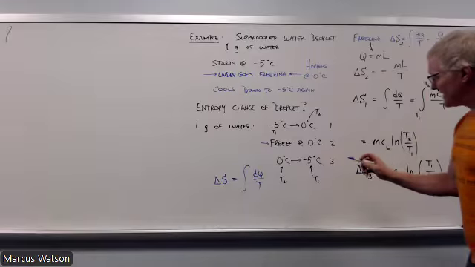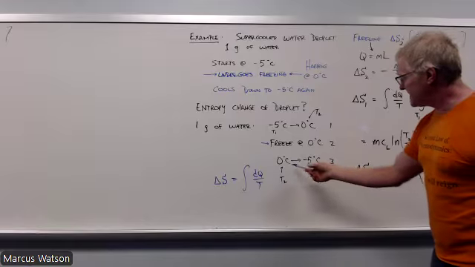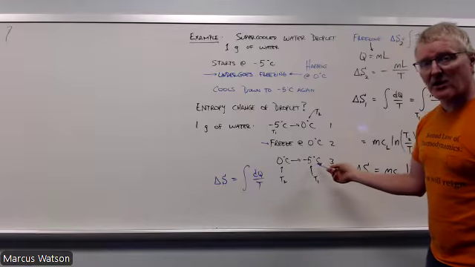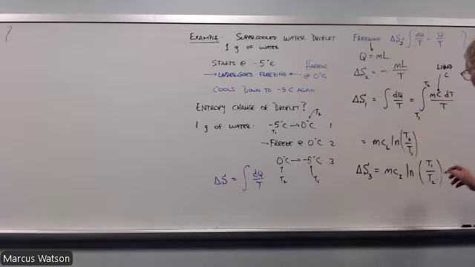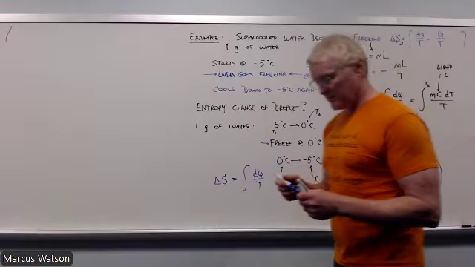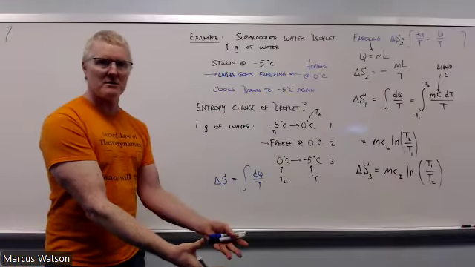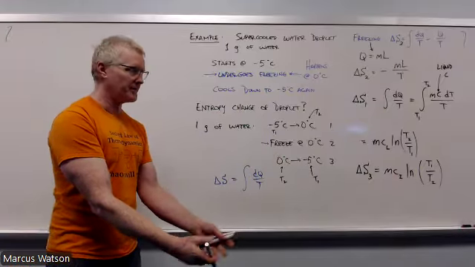You can, again, notice this is probably easy to see that that's going to be a negative number in the log because of the ratio being less than 1. So this is going to turn out to be a drop in the entropy, right? In accordance with the idea that removing heat causes less disorder.